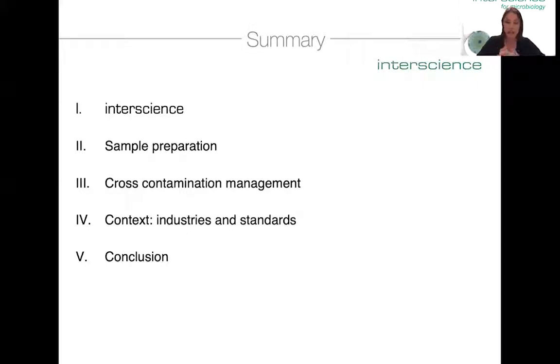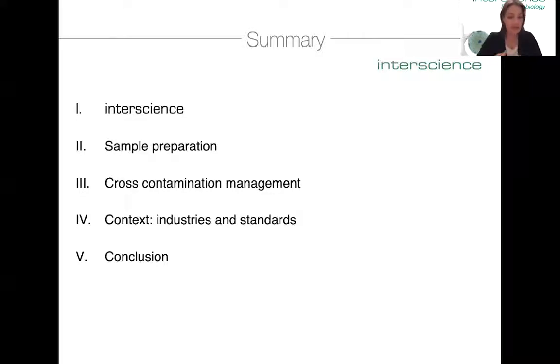And of course, the risk here is if you automate that process, which is something that we do at Interscience, then using the same machines to handle the same samples exposes you to a risk of cross-contamination. And of course, if you have cross-contamination, then you might have false positives, i.e. results that are higher than they should be, and therefore that might force you to take preventative or corrective actions that you shouldn't have needed to take.